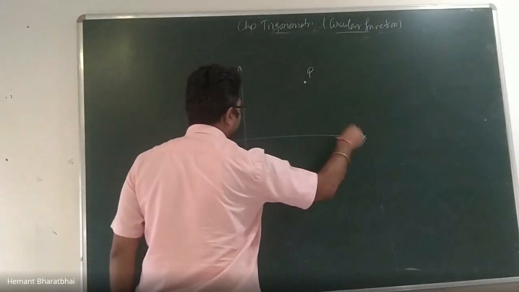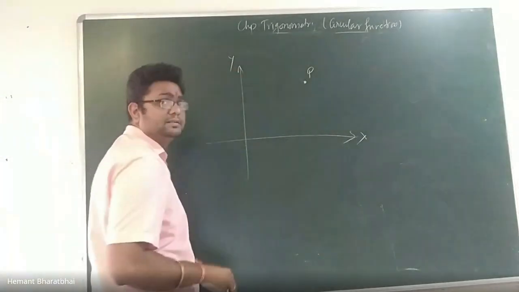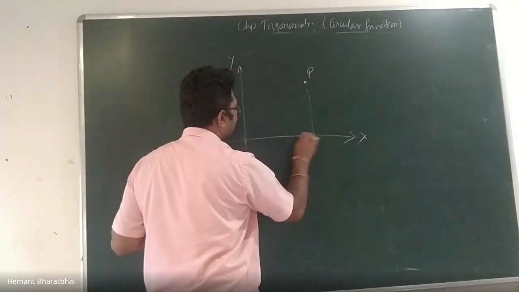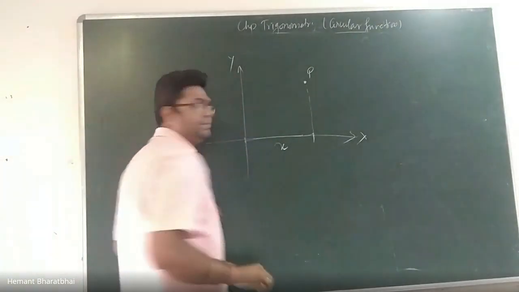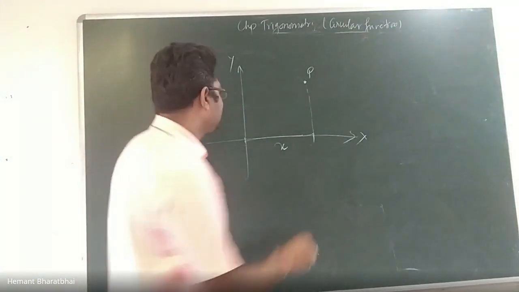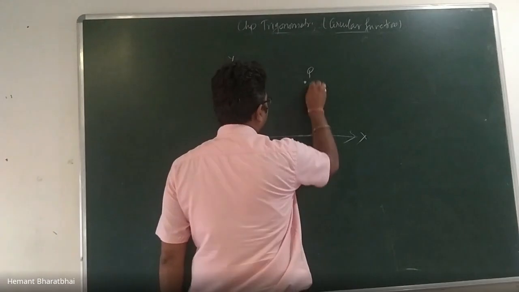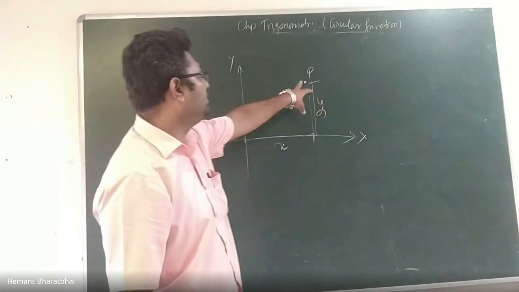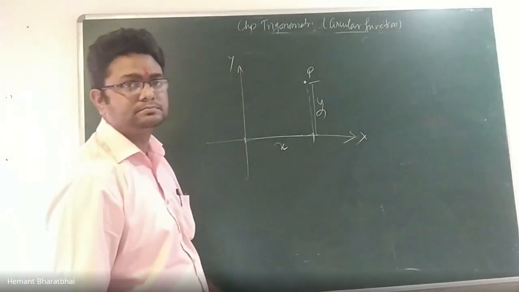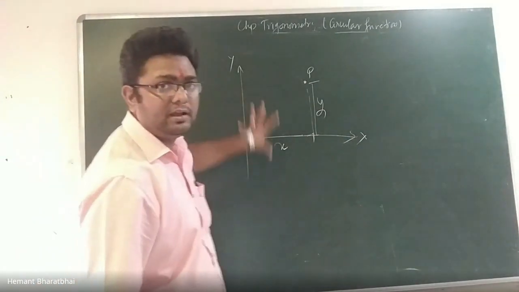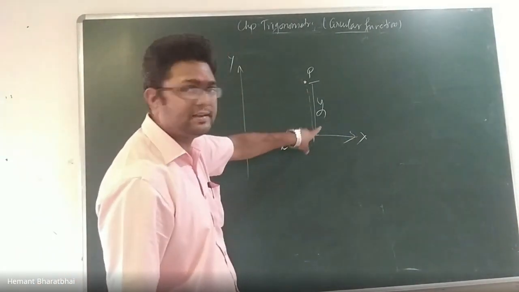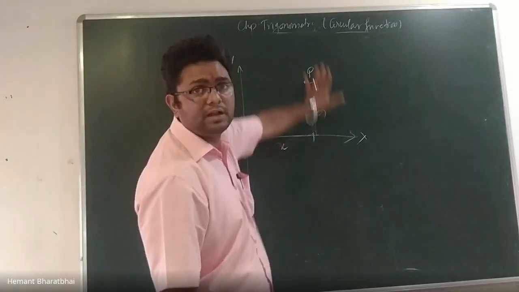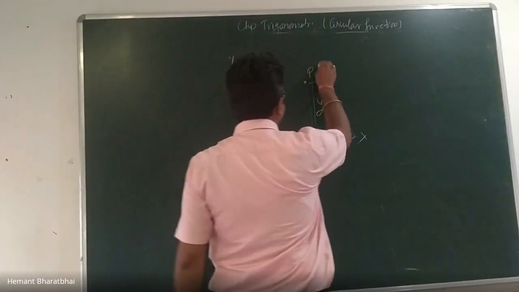I draw an x-axis, I draw a y-axis. Then I say walk x steps on the x-axis, and from here walk y steps on the y-axis. So if I walk x and then I walk y, I'll reach this point.